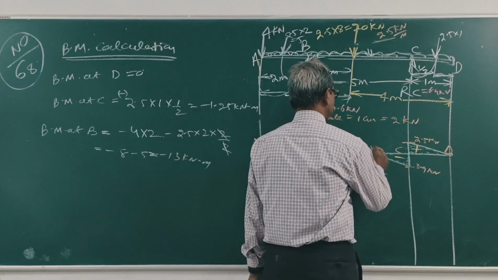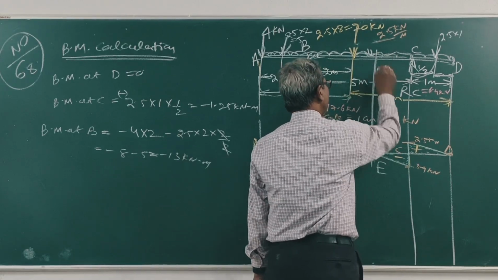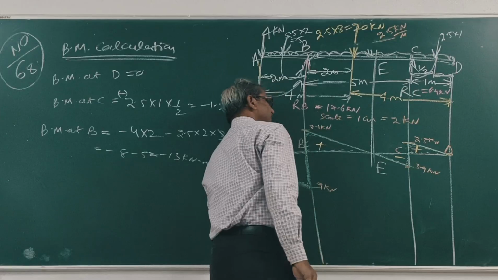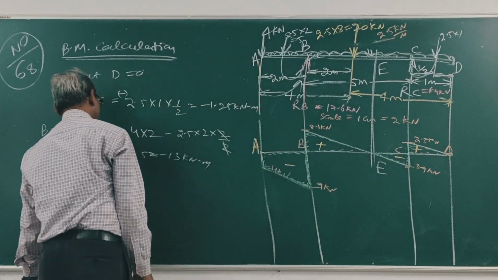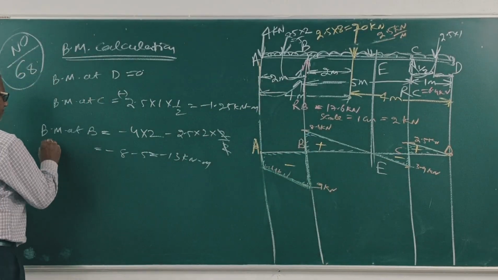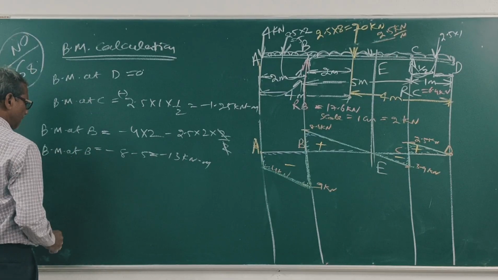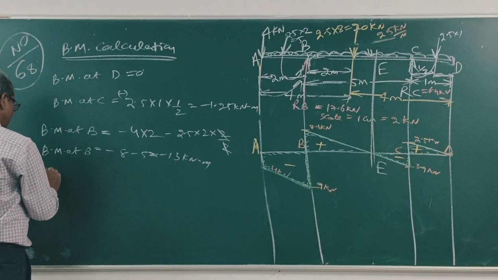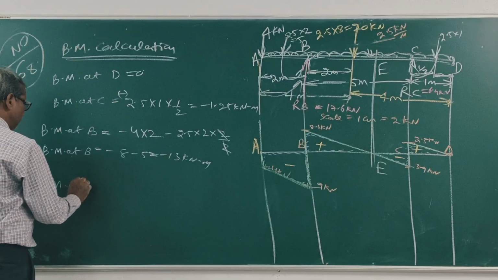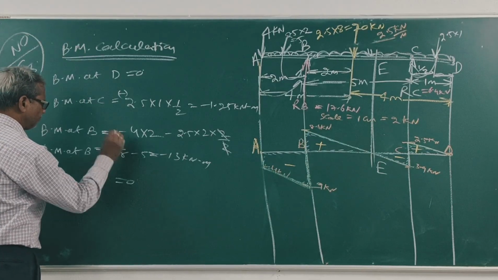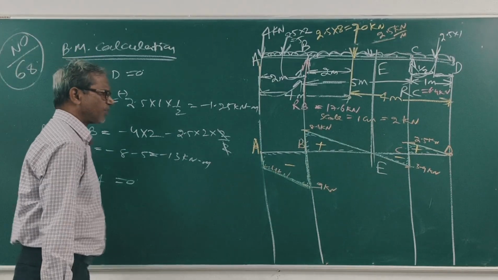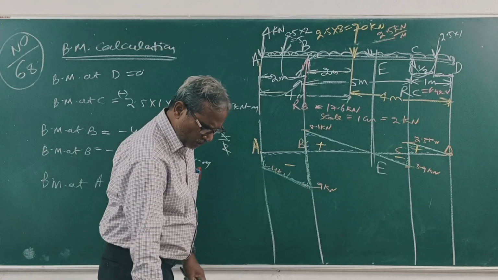This is point E. Clear? So BM at A is equal to 0. First find the value of E.